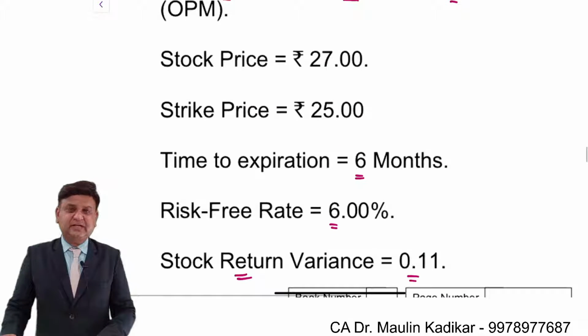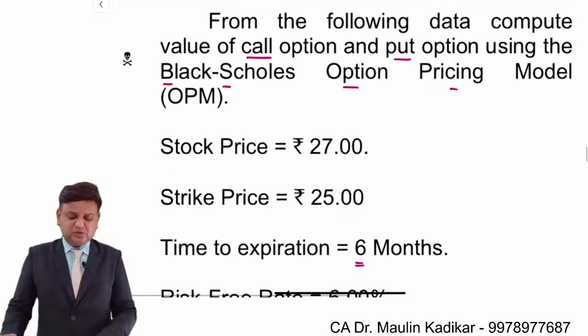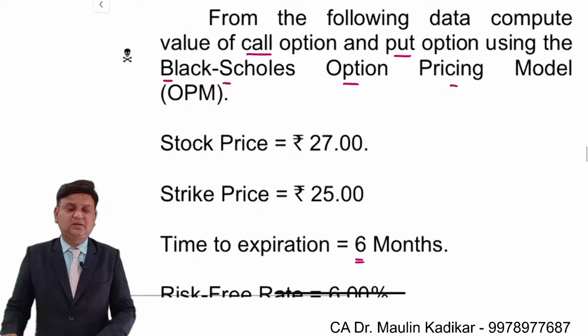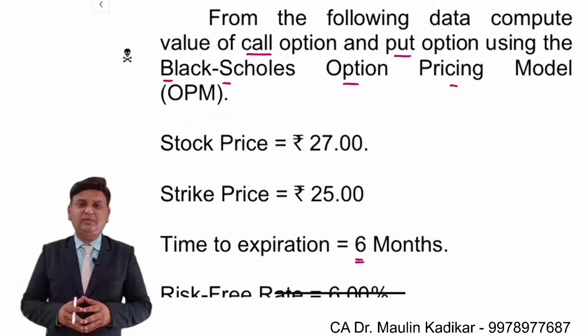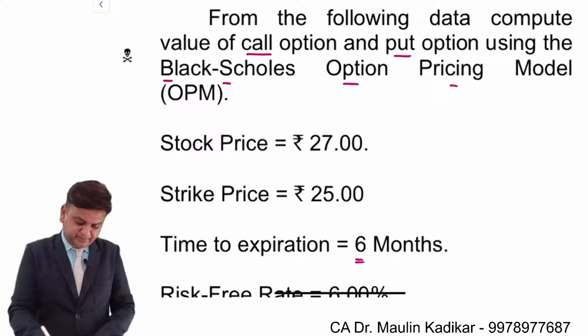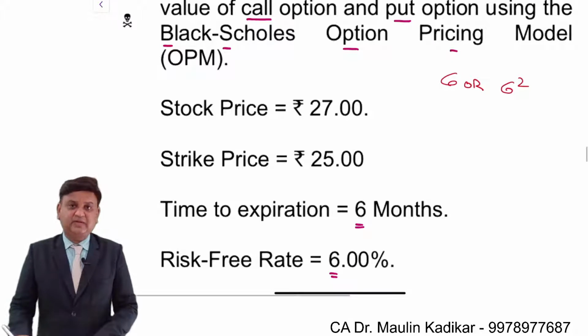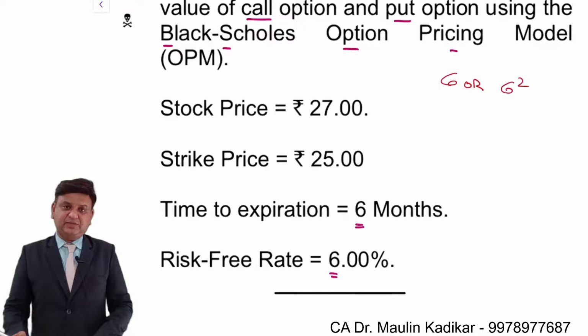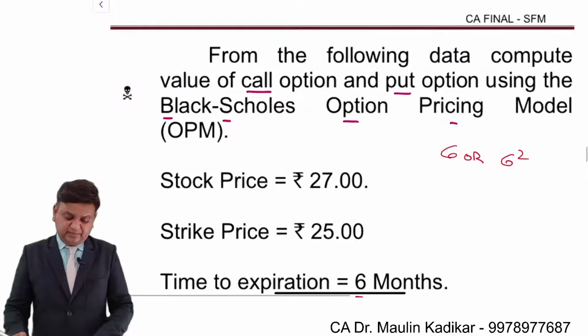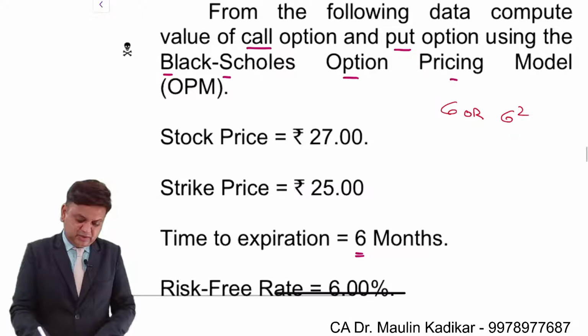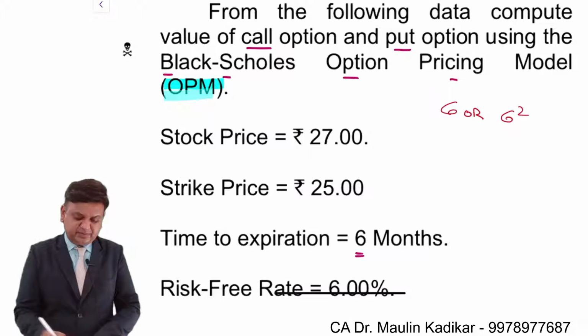And of course we understand that the stock return variance is something which is new for us. So dear students, whenever you have been provided with the information about the standard deviation or variance, then in that case you are required to apply the Black-Scholes model for the purpose of calculation of the premium amount.